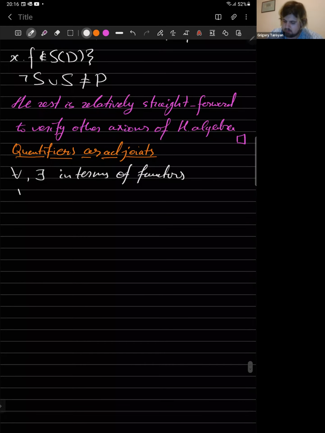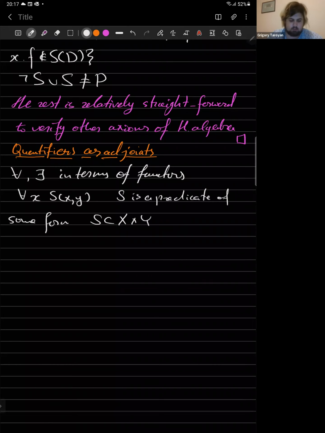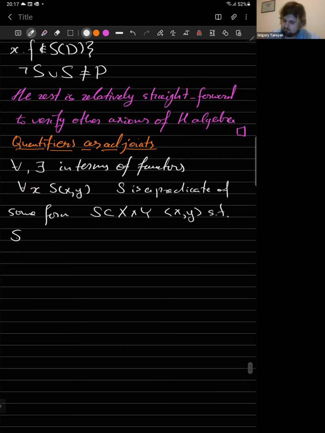First of all, we start by considering terms of this form, where S is a predicate of some form. And it can be interpreted as a subset in X times Y, defined by pairs X and Y such that S(X, Y) is true.